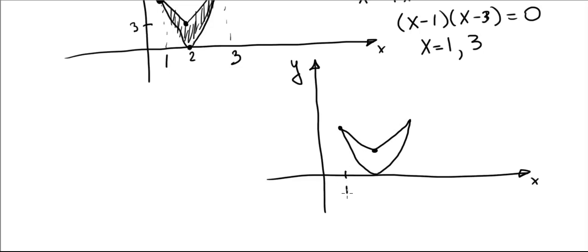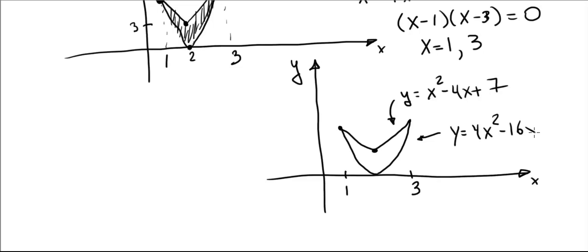This is 1 and that is 3. Let's mark these parabolas. This one is y equal to x squared minus 4x plus 7. And this parabola over here is y equal to 4x squared minus 16x plus 16. We'll be using the shell method because the washer method is much harder.